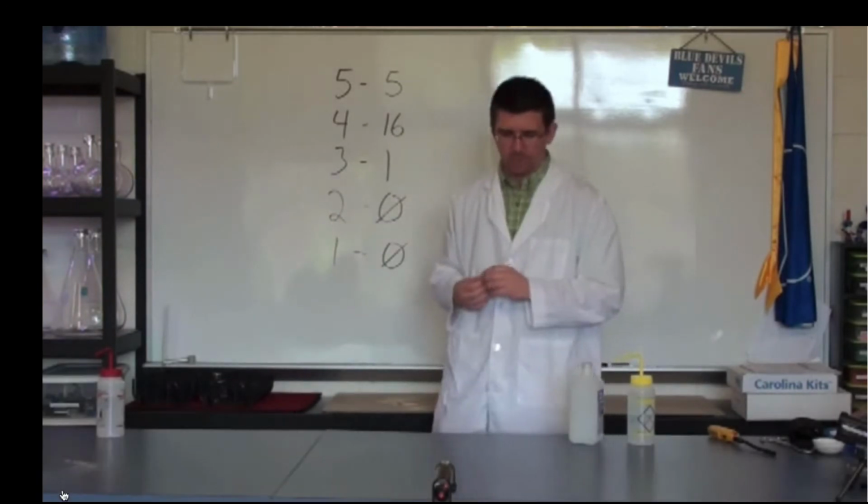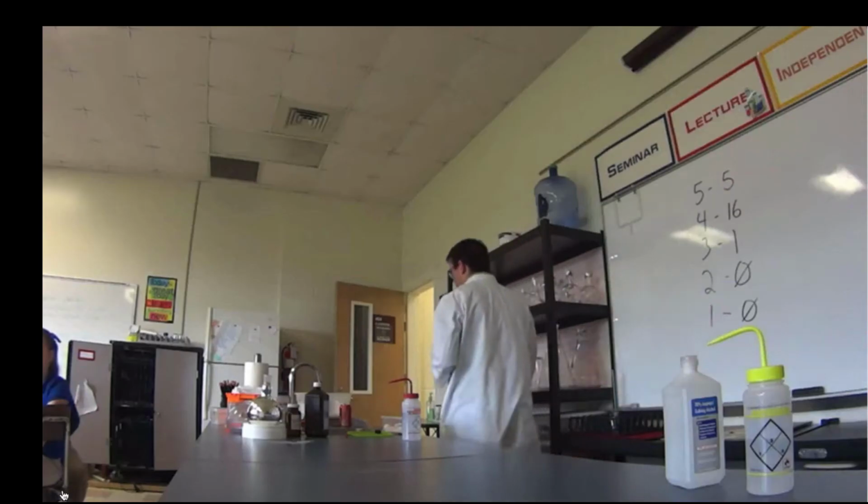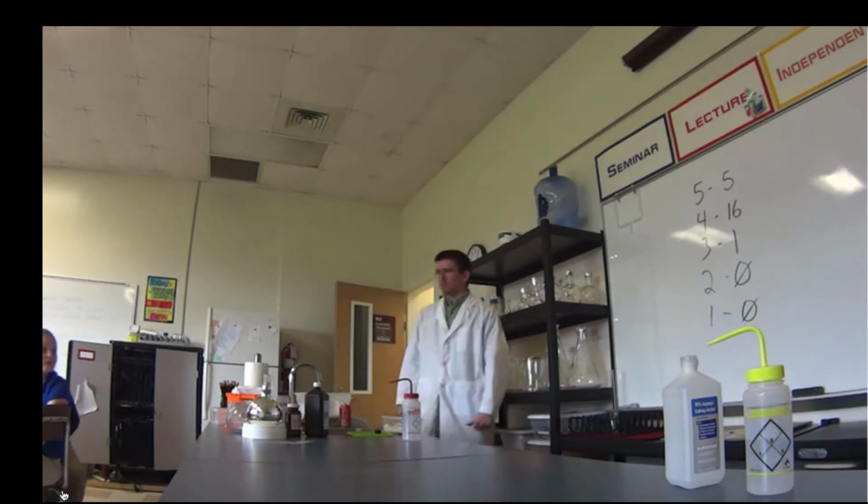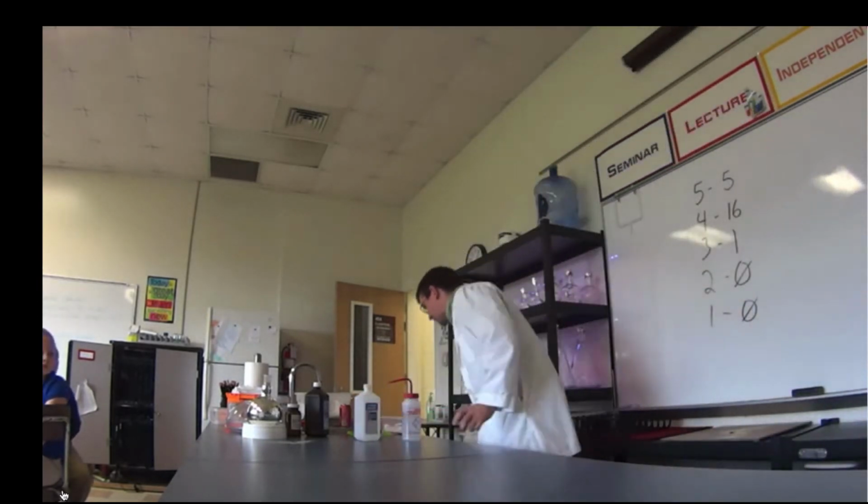Flammable liquid like alcohol. When it burns, what's actually burning? Is the liquid burning? Does the liquid burn? Not really. What burns? The fumes, right? So it's actually the fumes, because alcohol is something that evaporates fairly quickly.